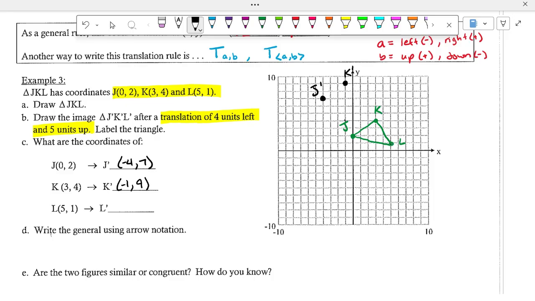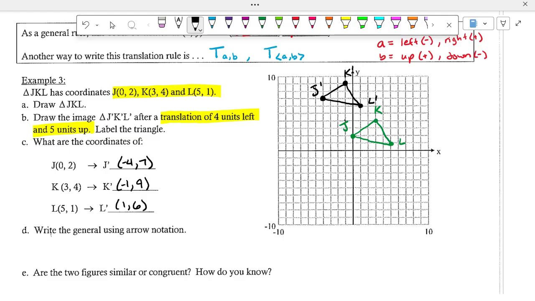Lastly, L. We're going to find L prime. So go over 1, 2, 3, 4. Up 1, 2, 3, 4, 5. So L prime's right here. What's that point? It's 1, 6. And there's our figure.